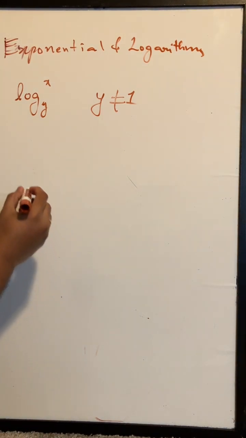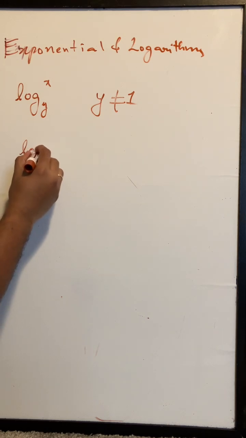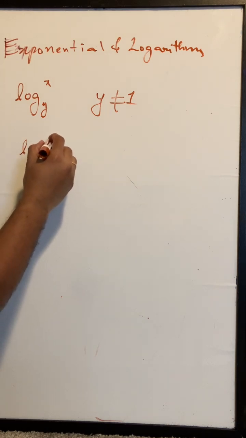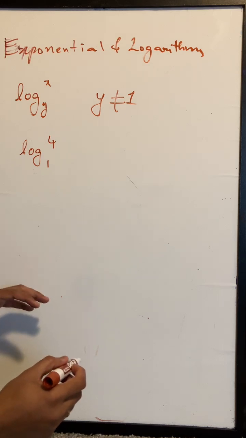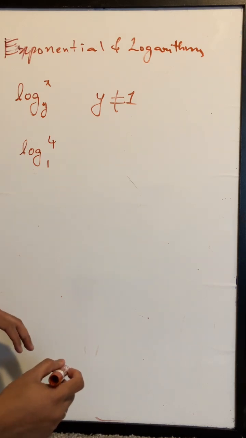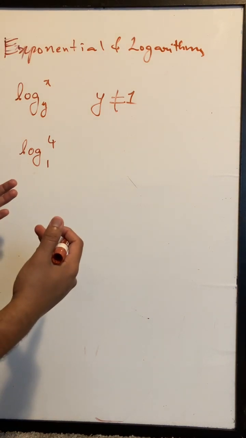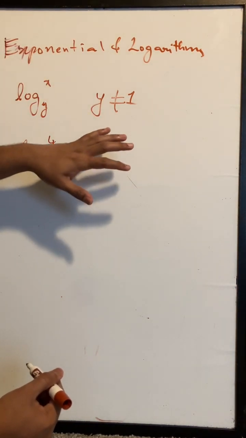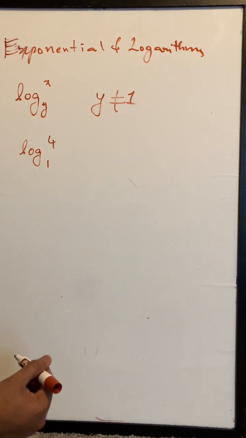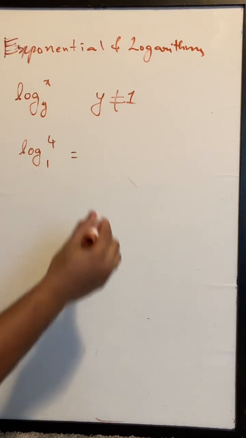For example, say there exists log 4 base 1. We will assume this exists and prove there is something wrong with it. Let's take log 4 base 1, and say its value is some k.